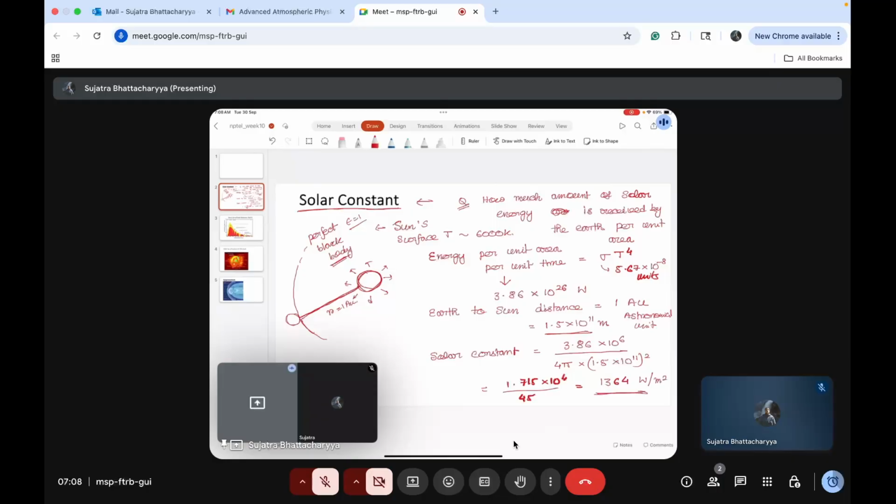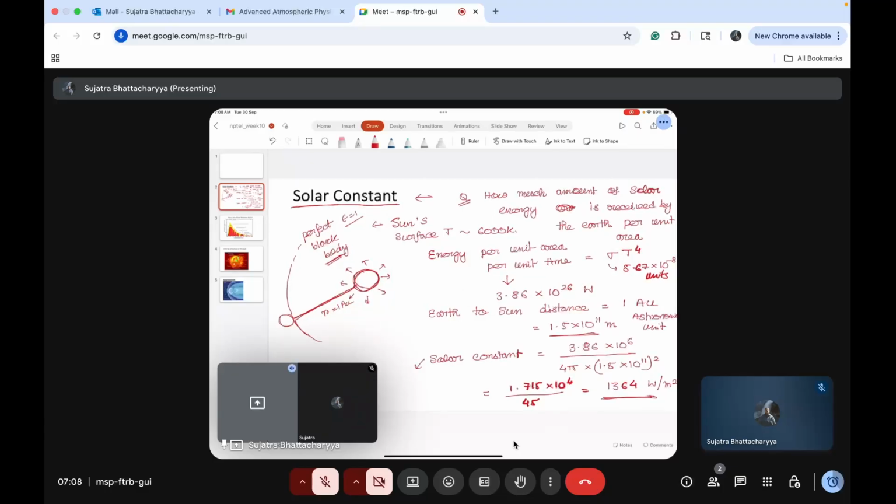This is the value of the solar energy per unit area received at the top of the atmosphere. Remember, this is always at the top of Earth's atmosphere.